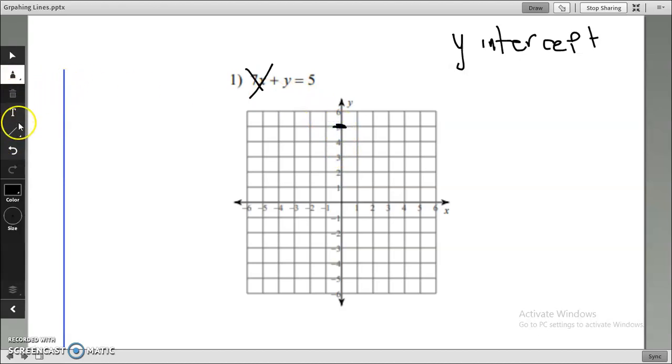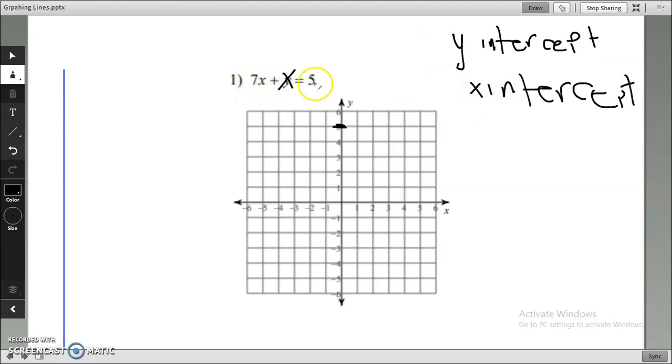All right, well, what about, let's get rid of this. The x-intercept, similar to the y-intercept, instead of crossing the y-axis, what axis do you think it crosses this time? You guessed it, it crosses the x-axis. And so that means that my y is 0 this time.